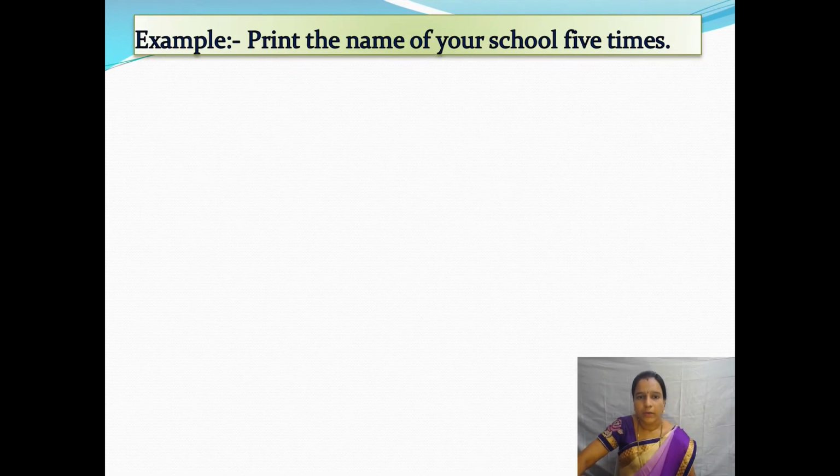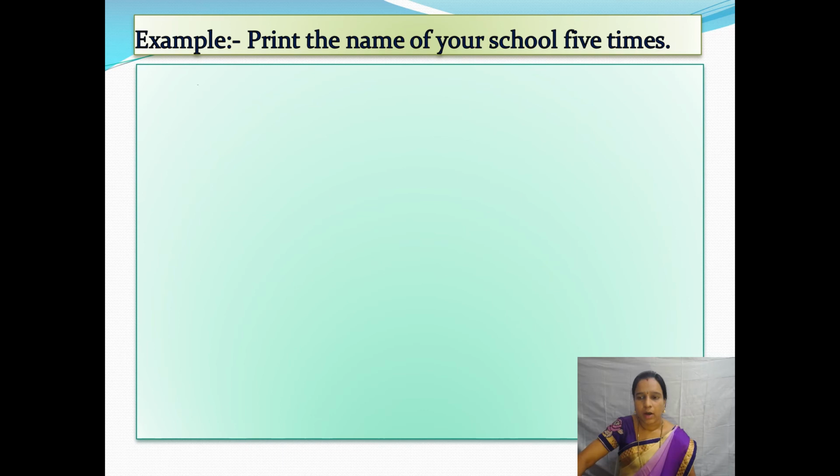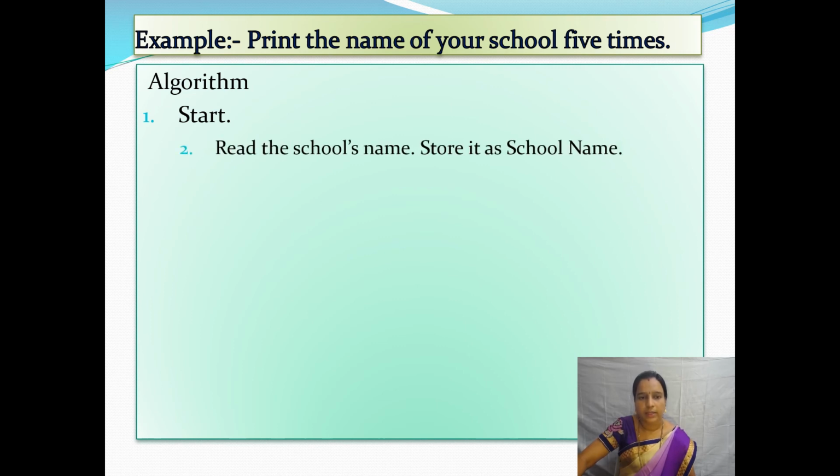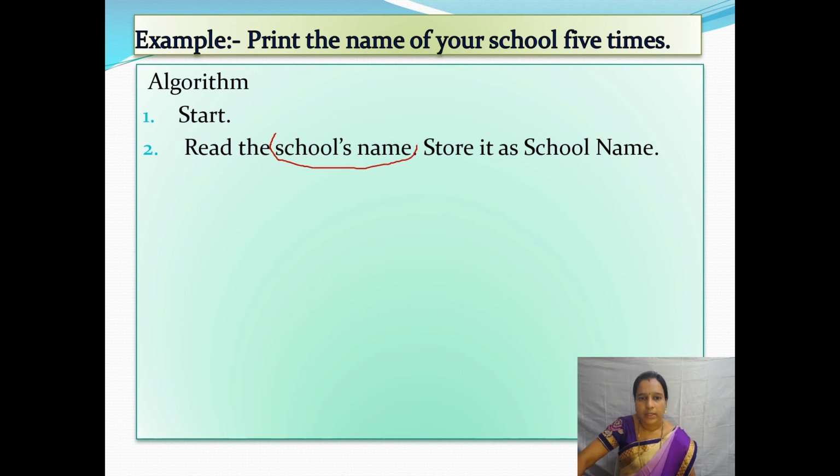So what are we doing? Print the name of your school 5 times. How? First we'll see the algorithm of it. First, the keyword start. Next, read the school name and store it as school name. Here we are giving the input value as the school name.